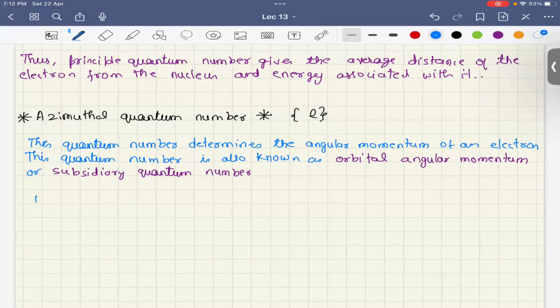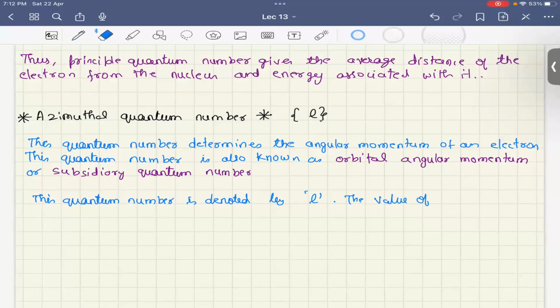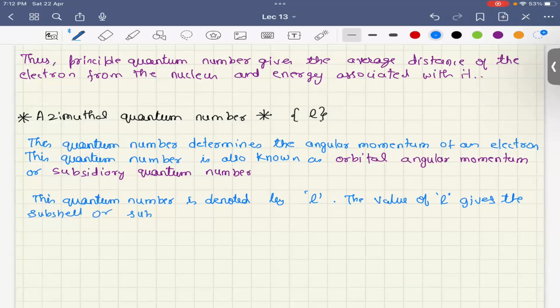This quantum number is denoted by the letter L, and the value of L gives the subshell or sublevel in a given principal energy state.